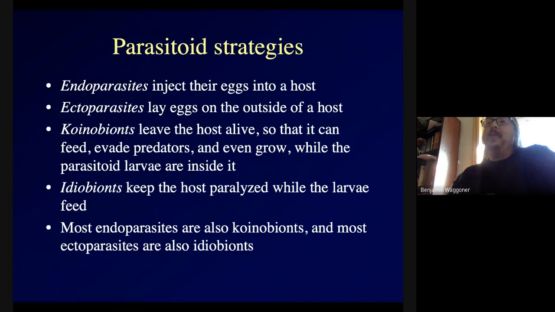And koinobiont parasitoids lay their eggs in a host and leave it alive. And the host can feed, the host can evade predators if it has to, and the host may even grow, all the time the parasitoid larvae are inside it, eating it from the inside out.